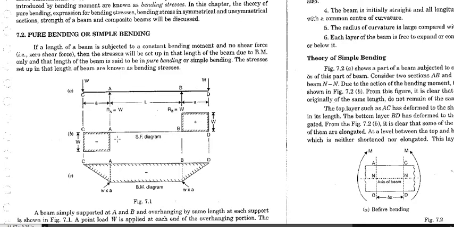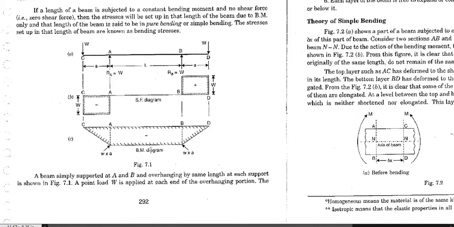At this portion there is no shear force acting, and consequently the bending moment at this section is of magnitude minus WA. Such cases, in which no shear forces are acting on the beam but certain stresses get induced in it, are basically known as bending stresses.